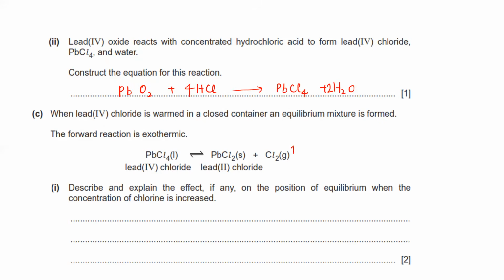So at equilibrium, the rate of forward reaction is balanced by the rate of backward reaction. So if you increase the concentration of chlorine, the rate of backward reaction will increase, and eventually lead chloride will form at the equilibrium.